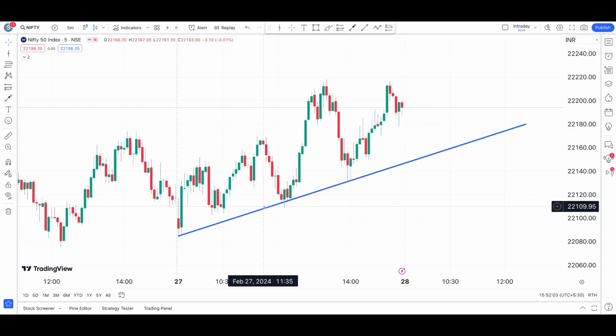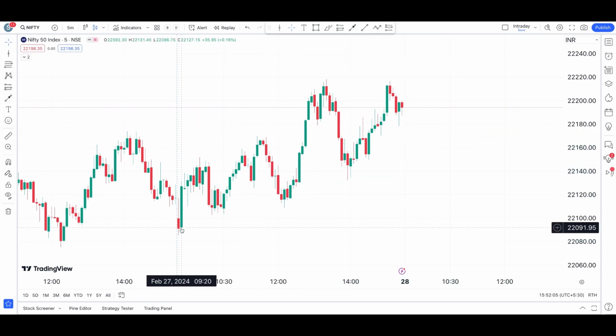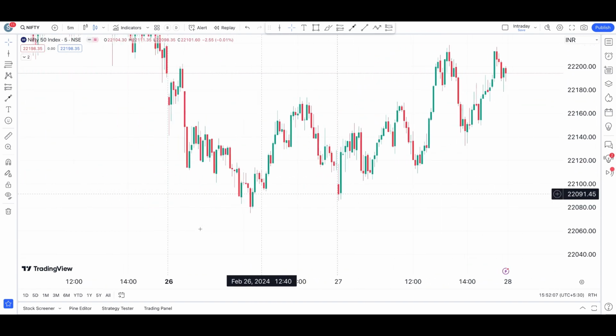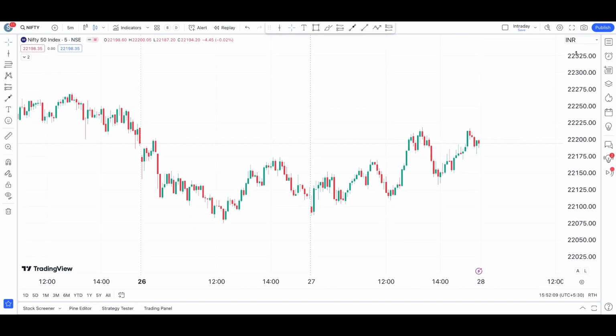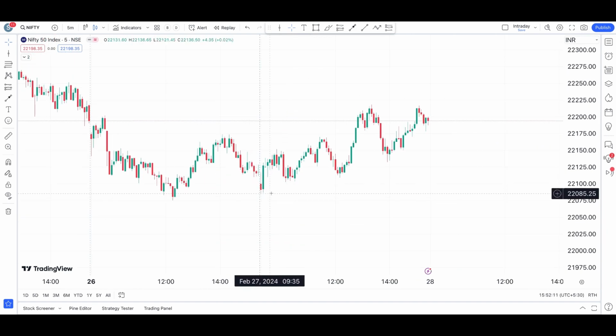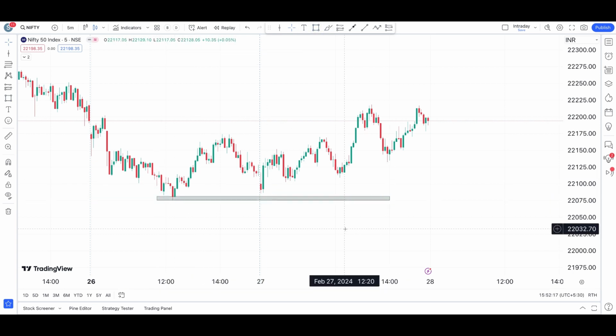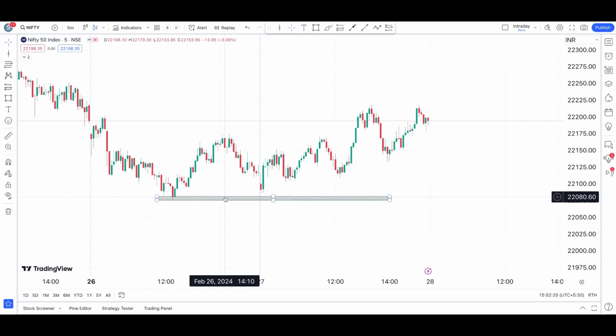As you can see, Bank Nifty started here. So first, let's try to identify whether there is something happening close to this. See, on the left side here, you have an area which is going to act as a support.